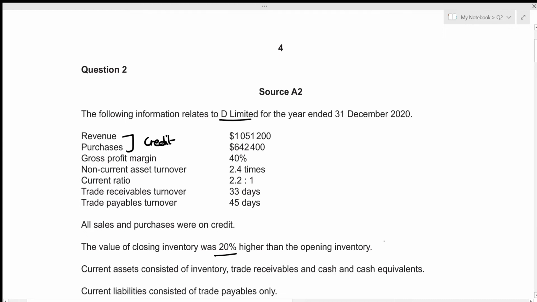So this just means that the closing inventory is the opening inventory plus 20% higher than that. So that's 0.20 times opening inventory. We can write it down as closing inventory equals 1.20 times opening inventory. Then the current assets consisted of inventory, trade receivables, and cash equivalents, and current liabilities consisted of trade payables only.